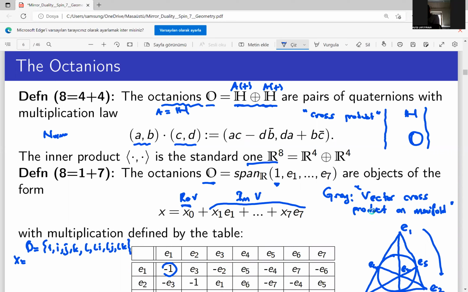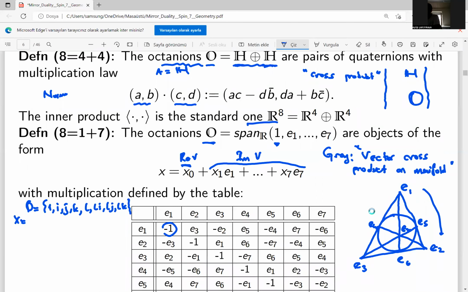So that's maybe not so complicated, because you divide your octonions into two pieces. One of them is a quaternion, another one is a quaternion. So the quaternions come also with geometry, and from this octonion you can get lots of richer geometry, because some of it is induced from the quaternions directly.